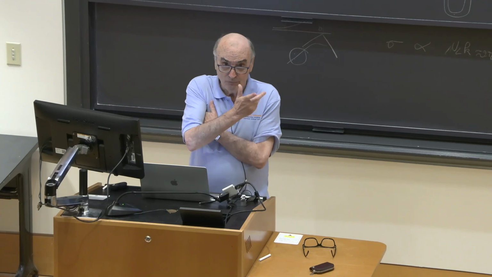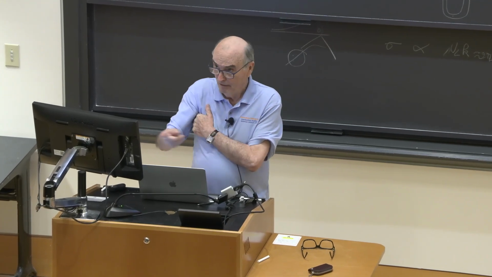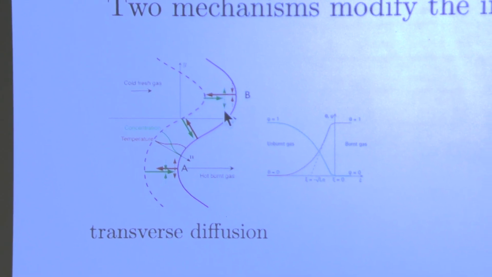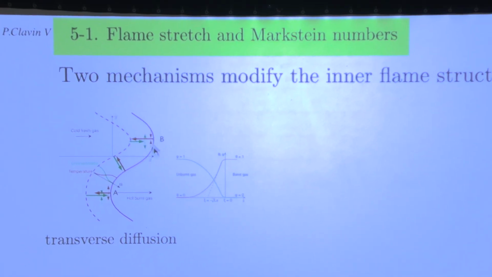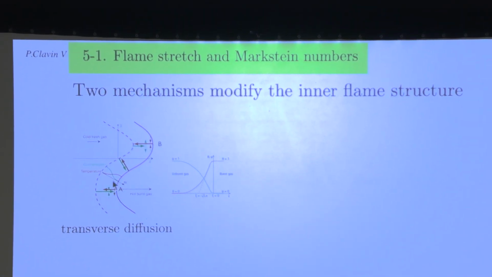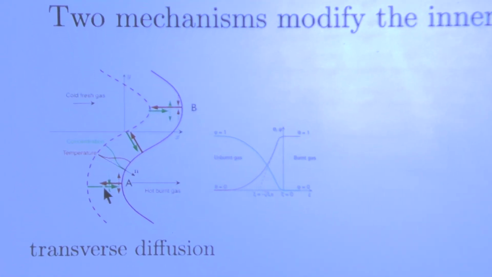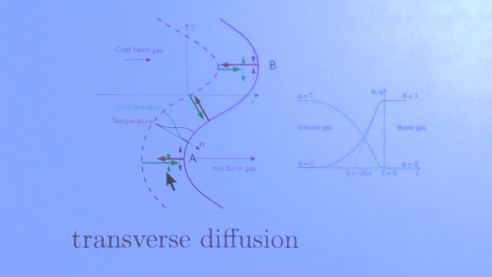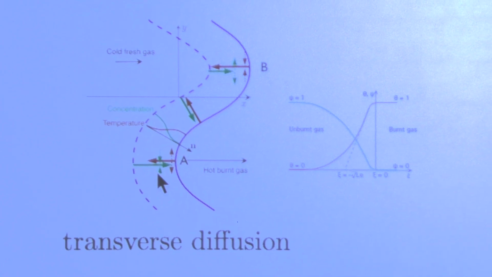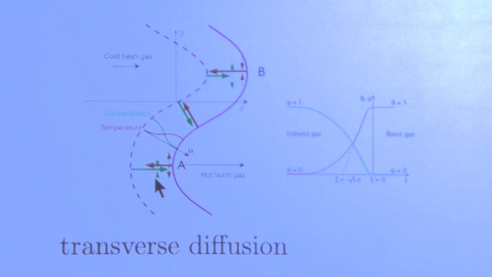The coefficient of diffusion can change sign because of the competitive effect in the transverse direction. The heat flux is in the transverse direction like that, and the mass flux is in the transverse direction like that. So still a competitive effect. All right.